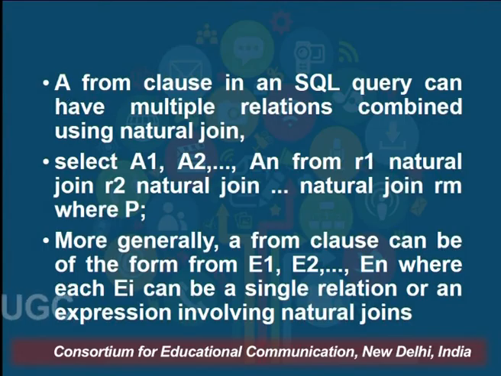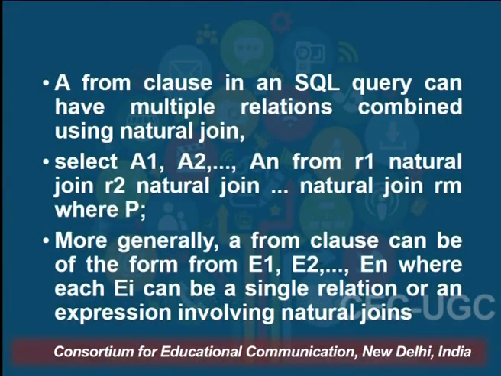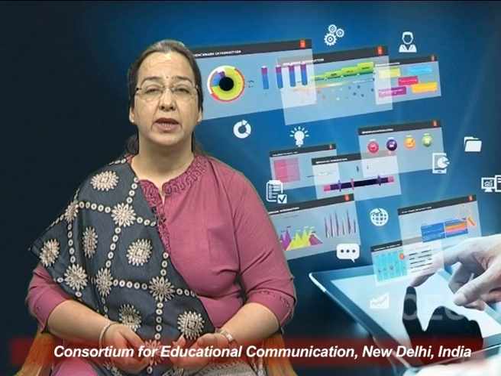So, here we can say more generally, a from clause can be of the form E1, E2, En, where each Ei can be a single relation or an expression involving natural joins, as we have seen in the query just above. So, from E1, E2, where this E can refer to a single relation, or it could be an expression involving natural joins.